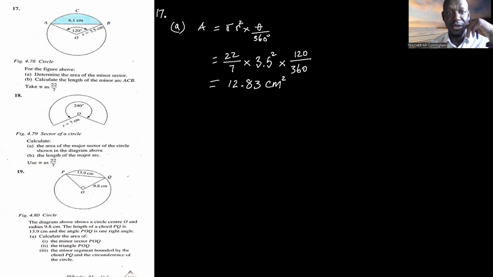So this was the area of this sector that we worked out. Now we want this segment. No. Calculate the length of the minor arc. All they want is the length. So they want the length of arc.